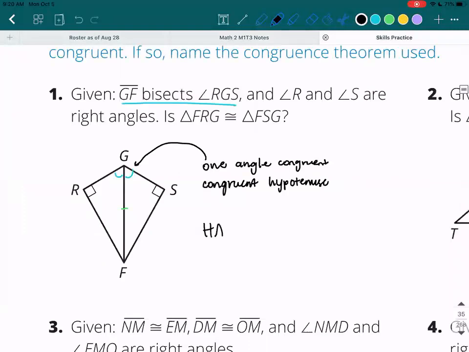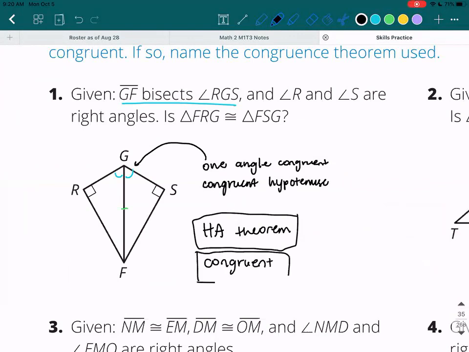HA, hypotenuse angle theorem. Okay, so they are congruent. You have to say they are congruent, and you have to say the theorem that makes them congruent. Any questions on that?